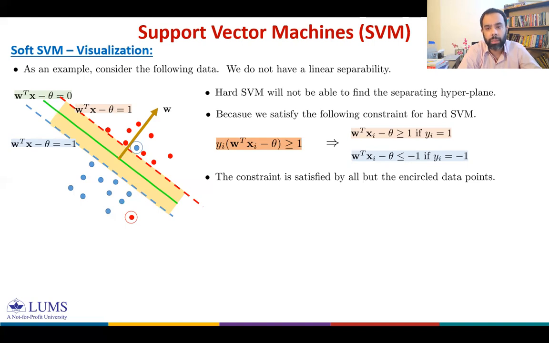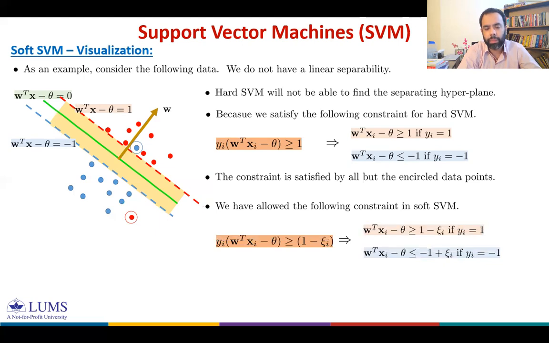And in soft SVM, we have allowed the flexibility. We have allowed the following constraint in soft SVM. Right? What is psi for each of these 2 points? So psi is the distance from their correct place. We require this red point to be here, and we require this blue point to be here.